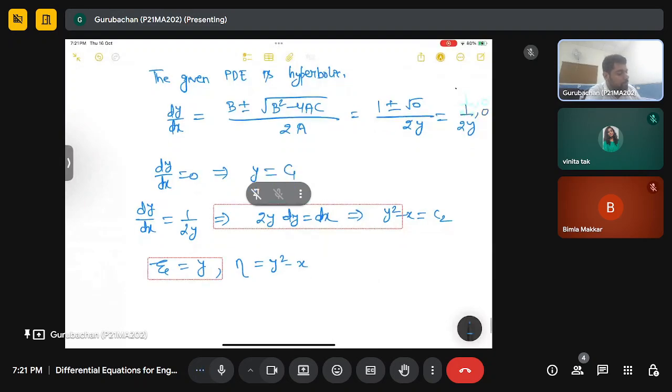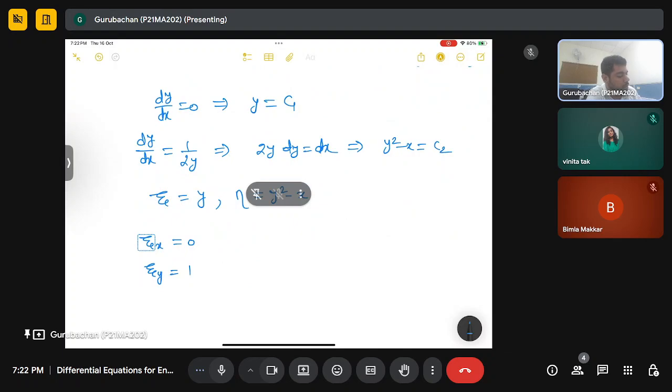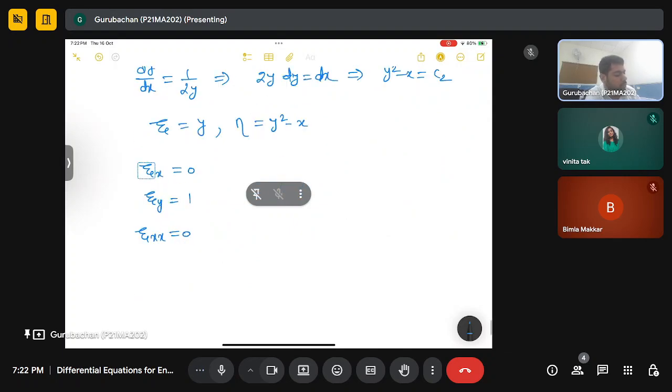So from here your xi x will be 0 and xi y will be 1. Xi xx is obviously 0, xi xy is also 0, and xi yy is 0.